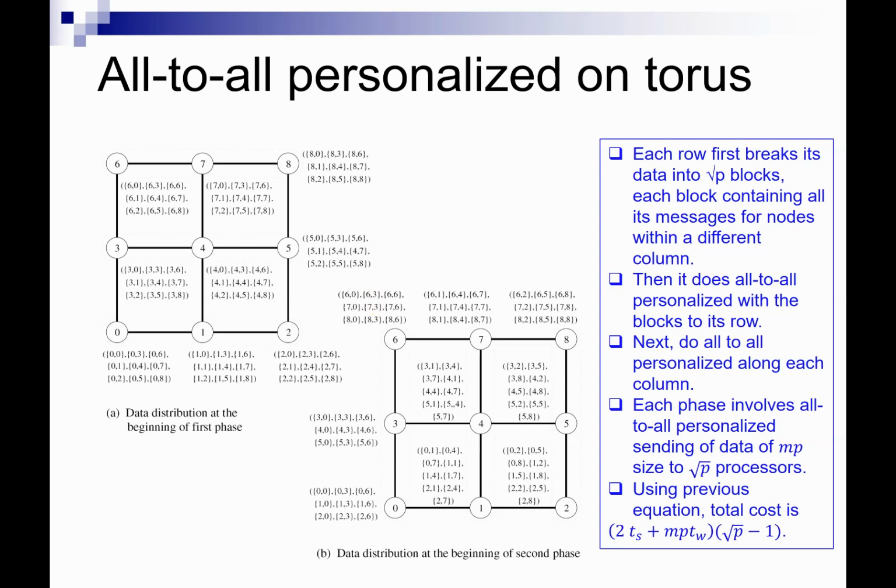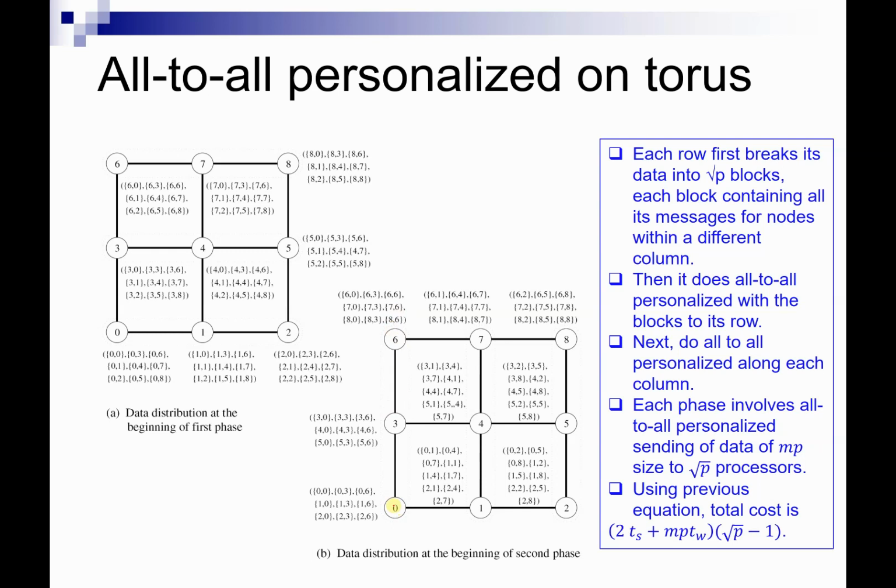So we want the first phase to produce, for each process, all of the data that it needs to send in the second phase. What is the data that each process needs to send in the second phase? In the second phase, we're doing all-to-all on the columns. Therefore, each process needs to get all of the values that are going to be sent to the other processes in its column at the end of the first phase.